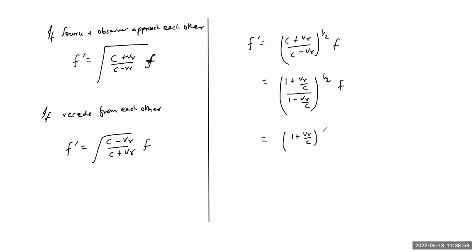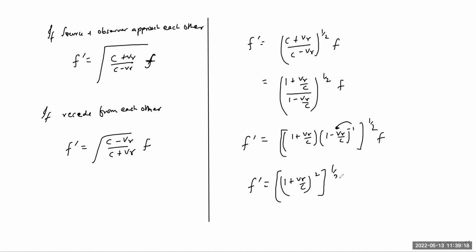If you take the denominator to the numerator side, we can use binomial, it will come inside, so it will become 1 plus Vr by c, and so this power gets cancelled.